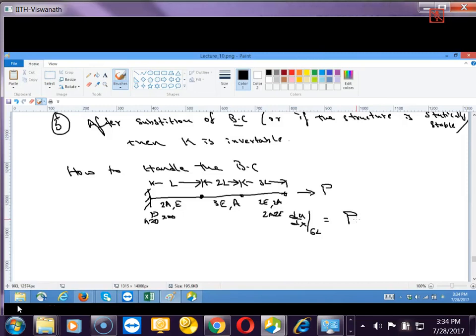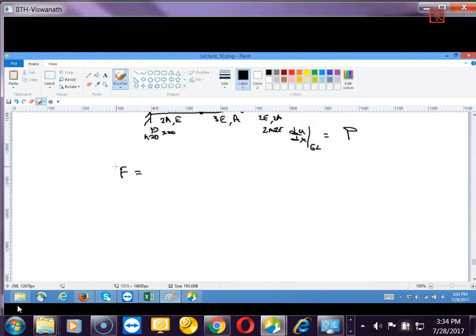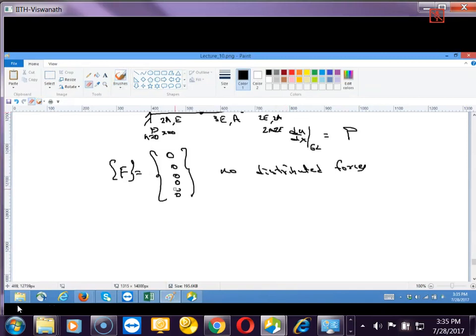So this is our boundary conditions. Let us see how the boundary conditions can be imposed. First, let's write the force vector. Since there are no distributed forces, everything is 0. There are 4 nodes, so we need 4 zeros.